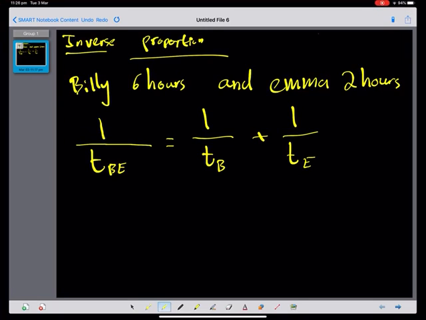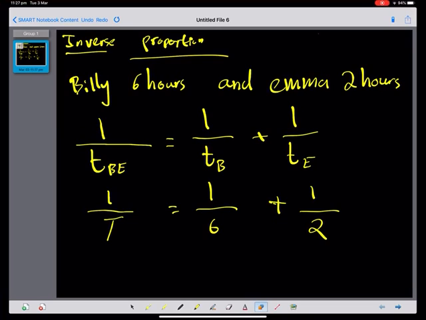Okay, we can fill in some values now, and let's make a substitution. Let's call that total time. So we can do 1 over 6 hours for Billy and 1 over 2 hours for Emma.